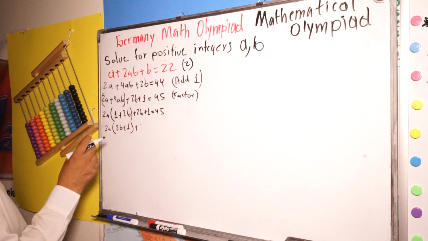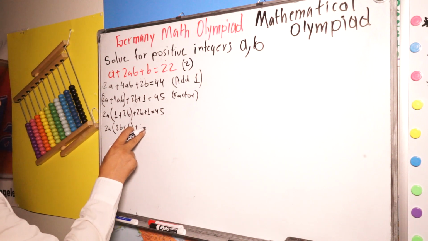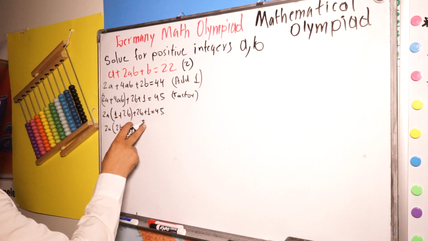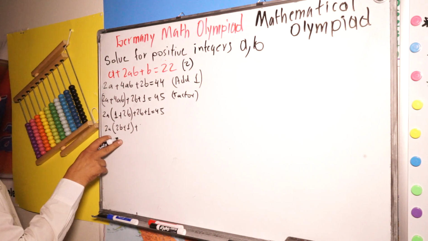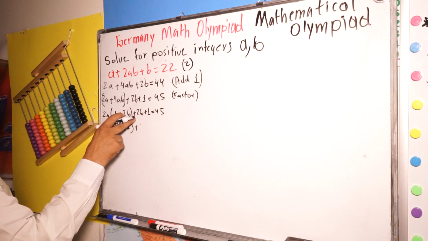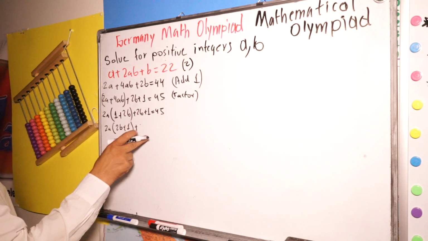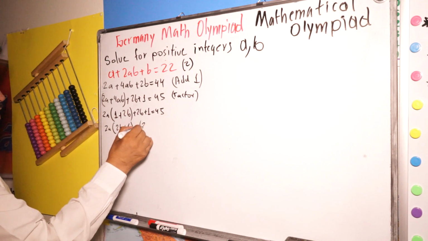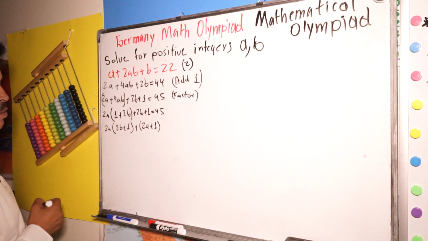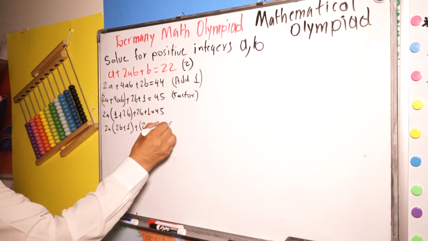Yeah, 2b right here. Let's see. When you factor here, you're going to have 2a plus 1. 2a plus 1 equals 45.